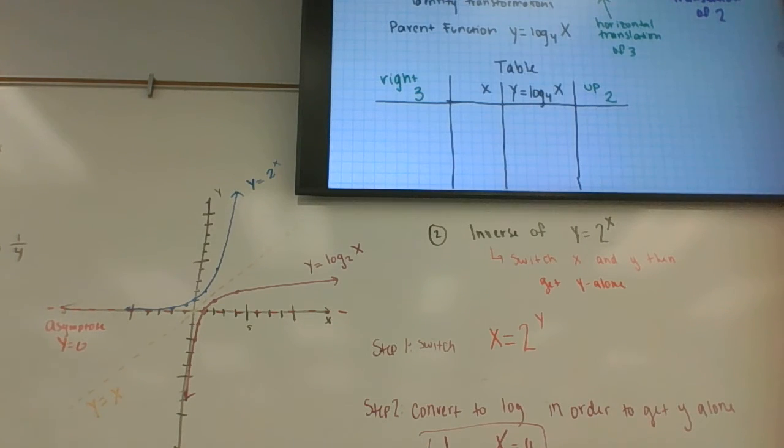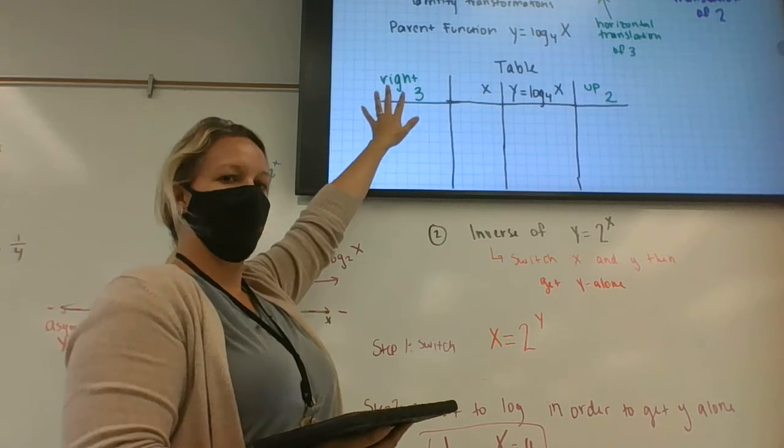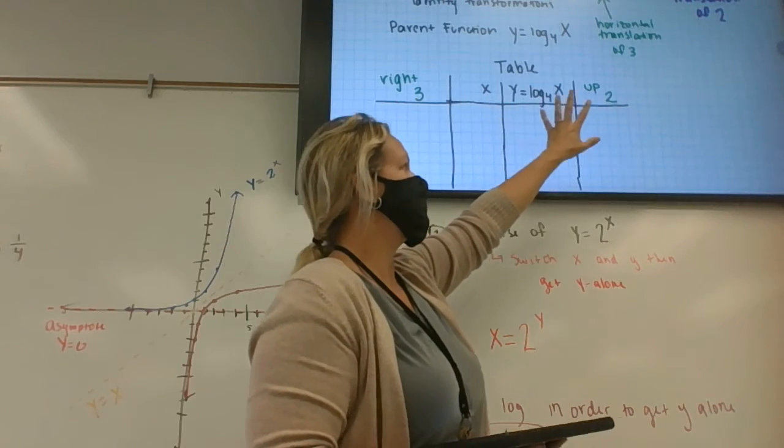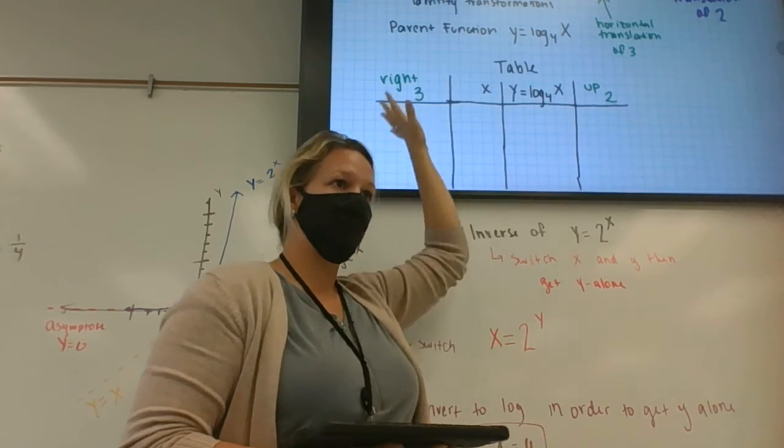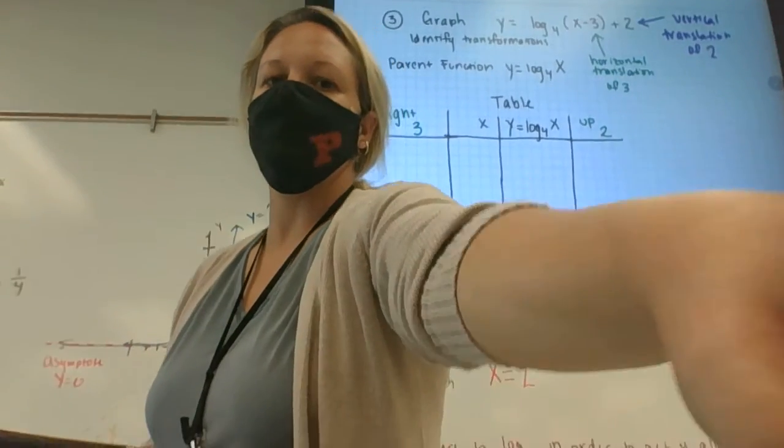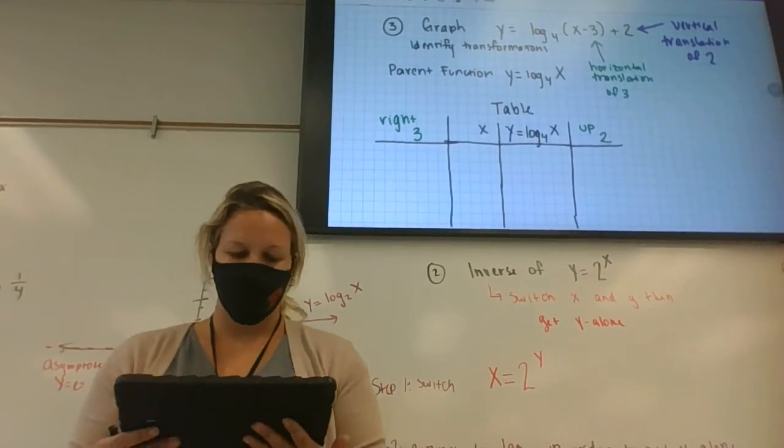And then in order to shift it right 3, you're just going to add 3 to the x's. In order to shift it up 2, you're going to add 2 to the y's, and then you're going to graph those outer pairs. That's the easiest way to graph a logarithm with translations.